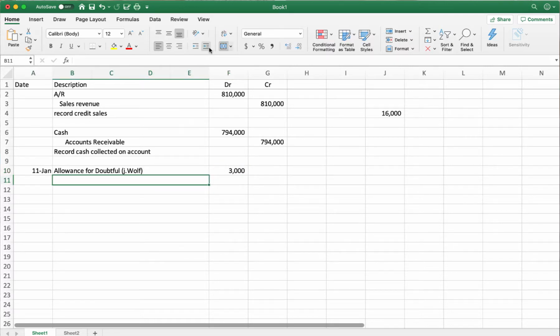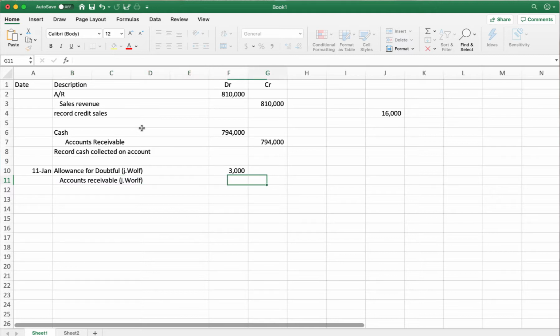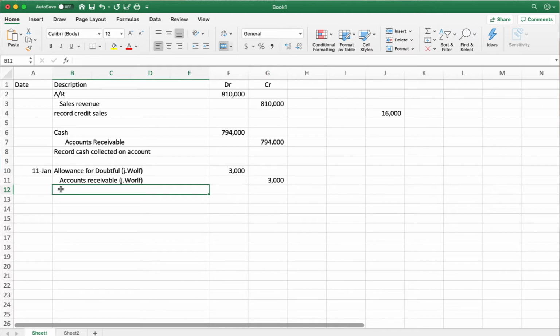We are going to credit accounts receivable. And again, I'm going to put J. Wolf so we know who it is. Sorry about that. $3,000, okay? So what are we doing here? Well, we're writing off the J. Wolf account. To write off J. Wolf account, okay? Perfect.